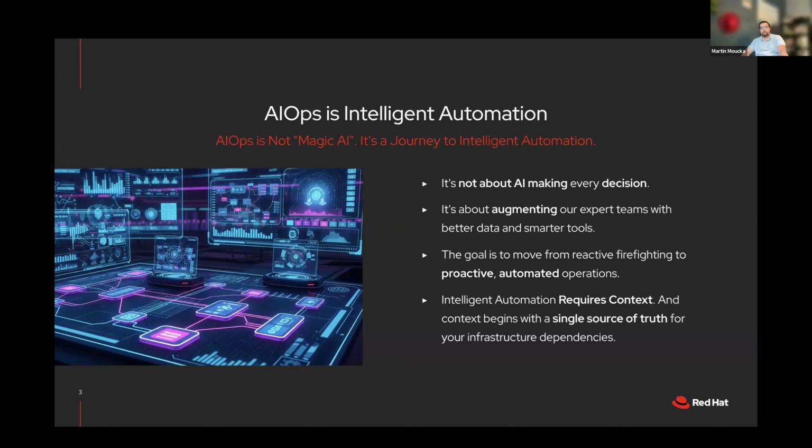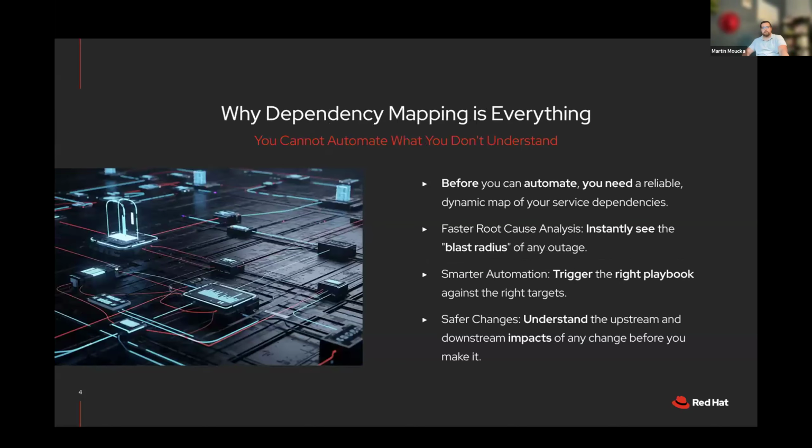So you need to have that context somewhere, and that is where the dependency map comes in. You cannot automate what you don't understand, and dependency mapping is there to help you understand that.